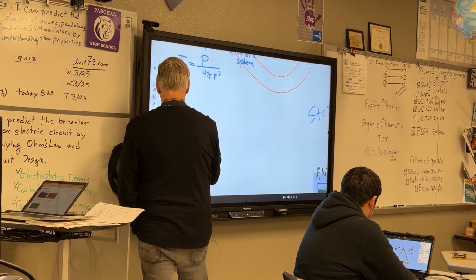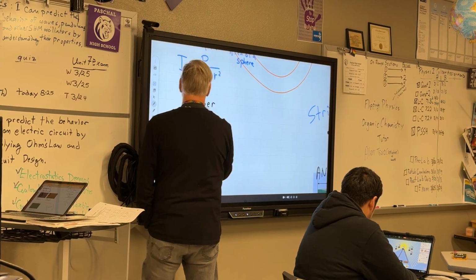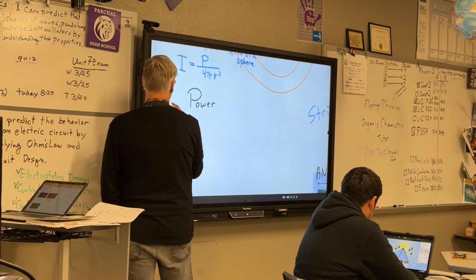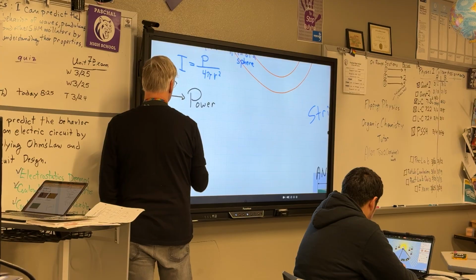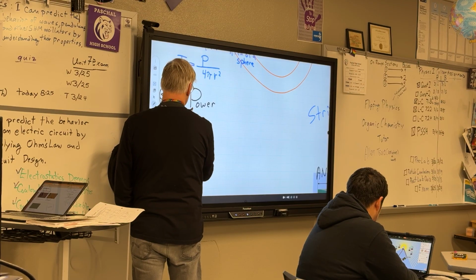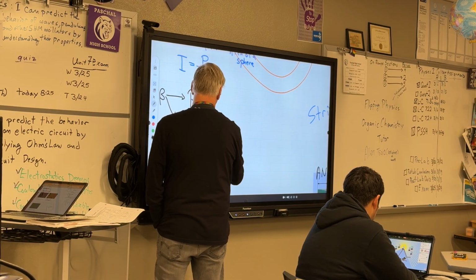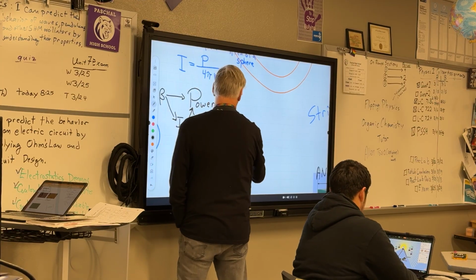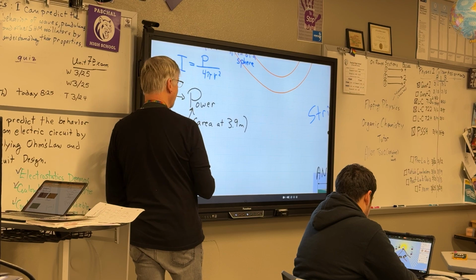So let's write a process or procedure for this. I need to figure out what the power is based on the number of decibels. So I've got to get from decibels to power. But before I can do power, I actually have to calculate the intensity and then use the formula, the given area at that 3.9 meters, to figure out what the power is.